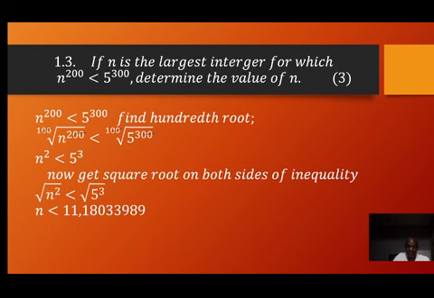In this particular case, it means my n is going to be 11. My n is going to be 11. Surely, if you put n as 11 here and you punch in your calculator, you will see that this one here is the nearest integer which is less than this other part of the inequality.